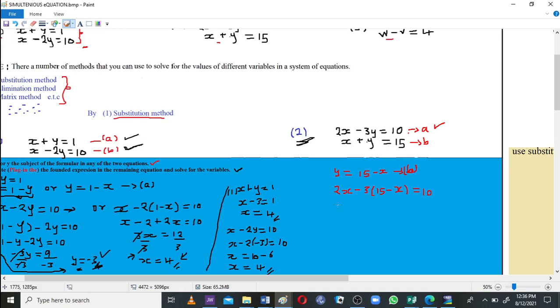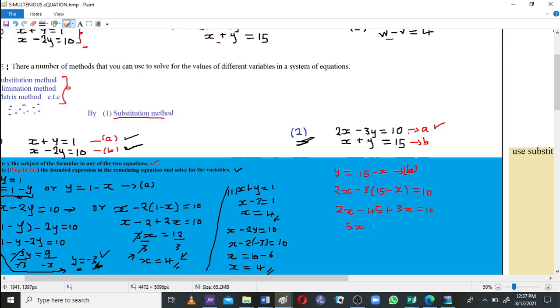So what we are going to get here is 2x minus 3 times 15, that is going to give you 45. Negative 3 times negative x gives you positive 3x, right? This is equal to 10 again. So here you're going to have 5x on this side.